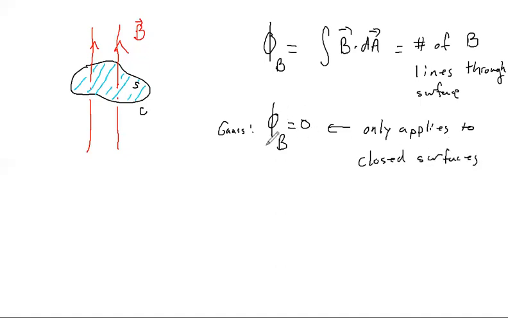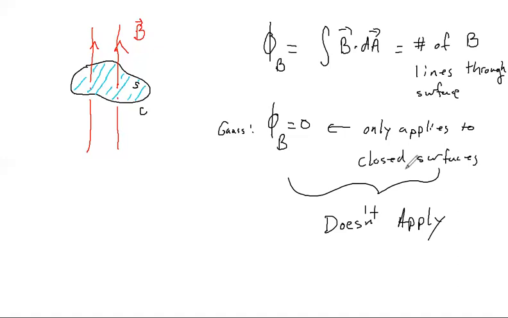And the zero magnetic flux just says that there's no magnetic charge, no magnetic monopoles. But now we're not talking about closed surfaces, so this doesn't apply. I mean, it's still true, it's just not relevant for us.